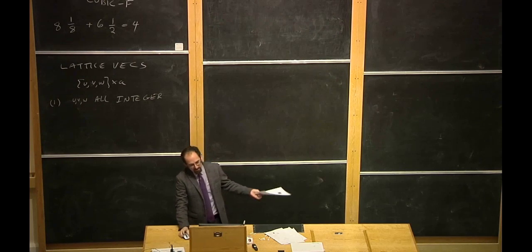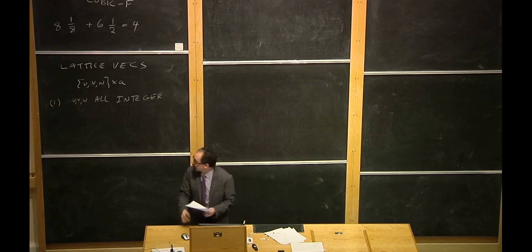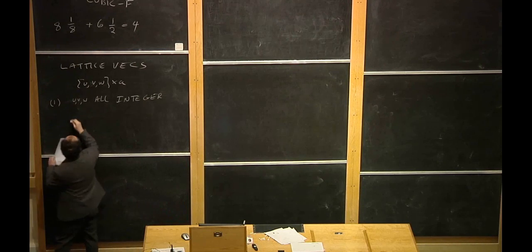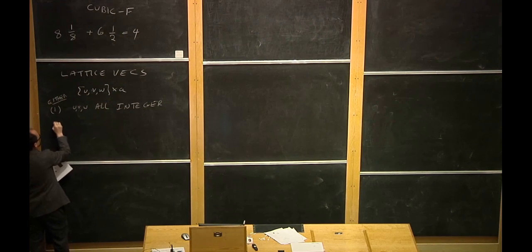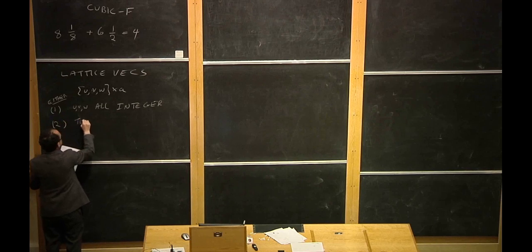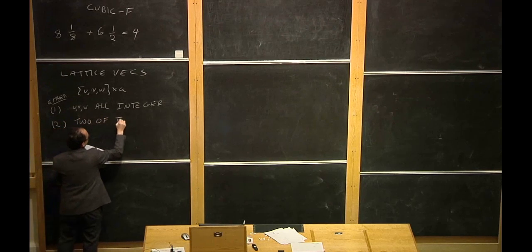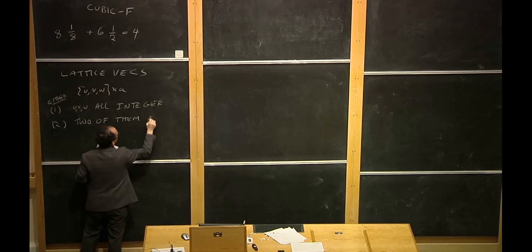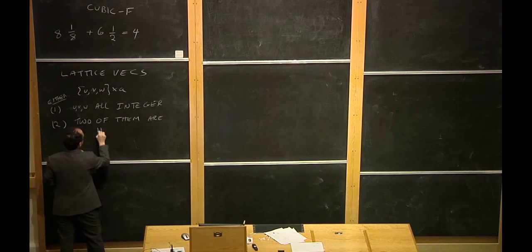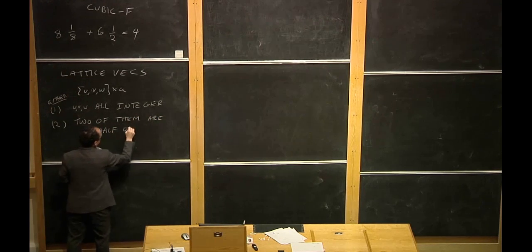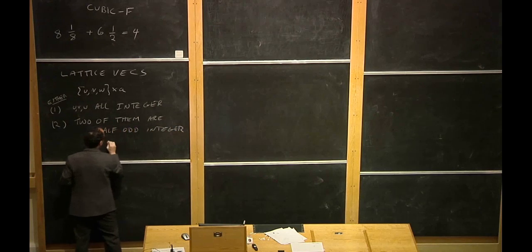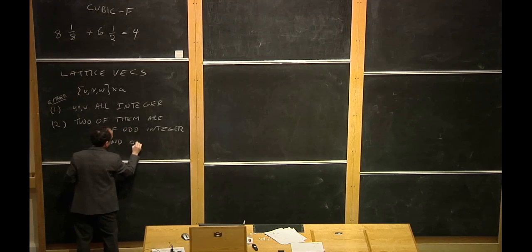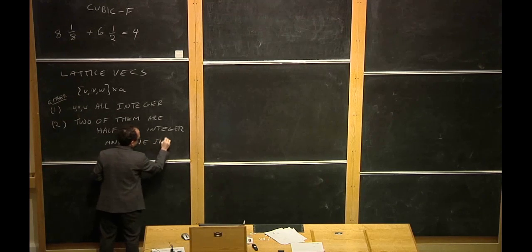So this one is 1, 0, 0, this is 1, 1, 0, and so forth. The other possibility, possibility 2, is that 2 of them are half odd integer, and 1 is an integer.